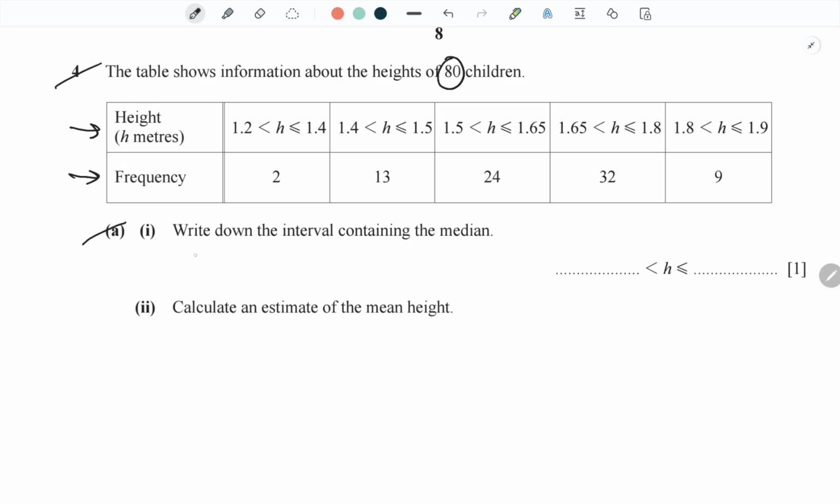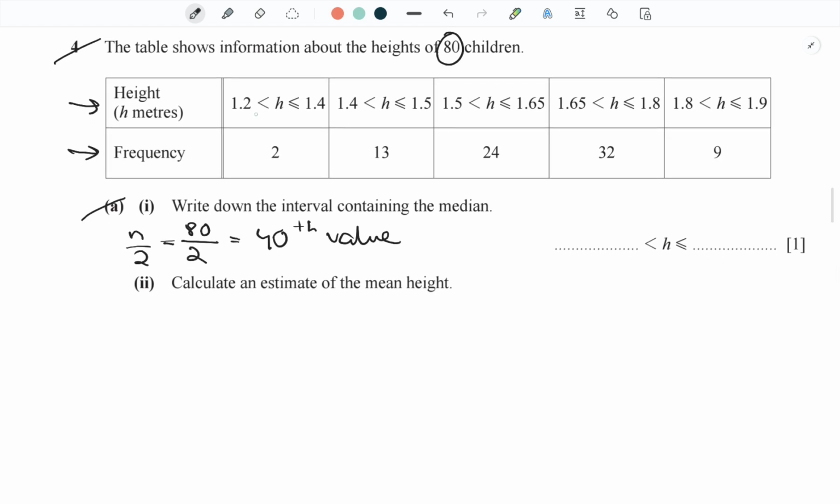First we see the total frequency, that is 80. So n over 2 equals 80 over 2, so we get 40. The 40th value is the answer, so we look for the 40th value.